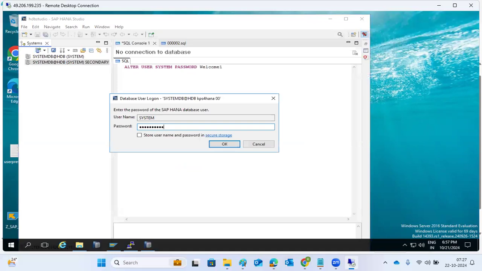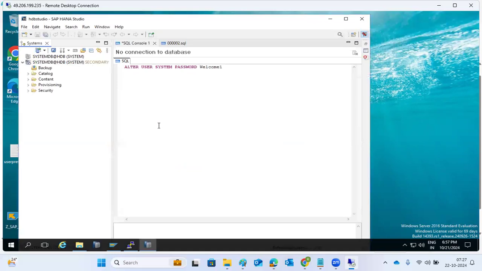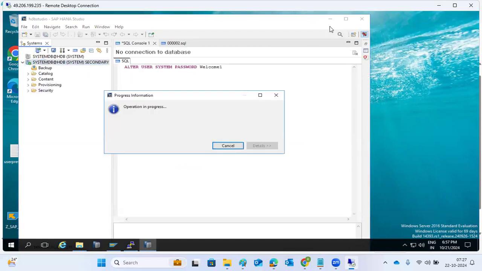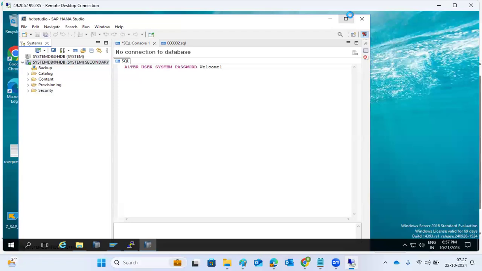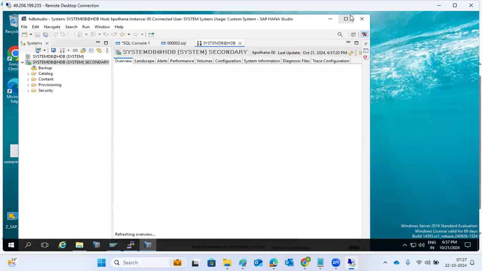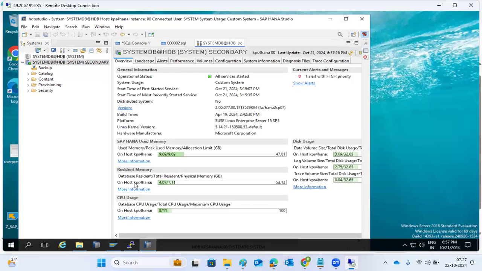Here you can see all the information, right? You can see the HANA used memory here.